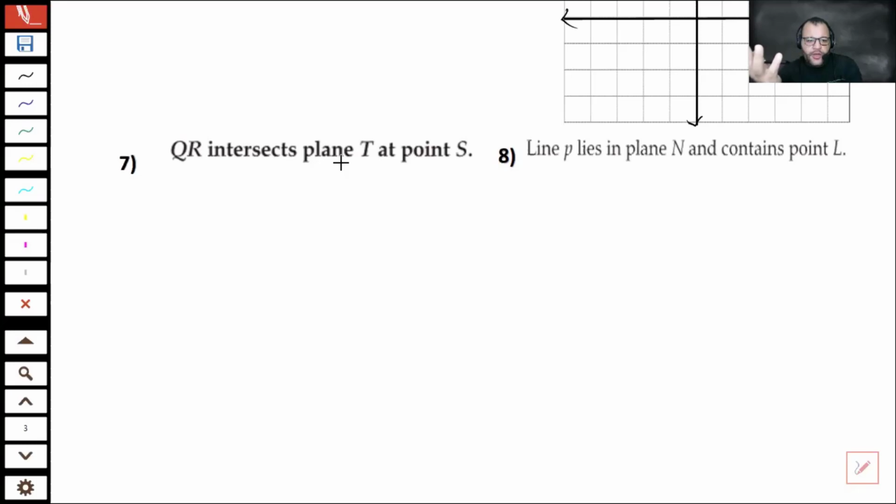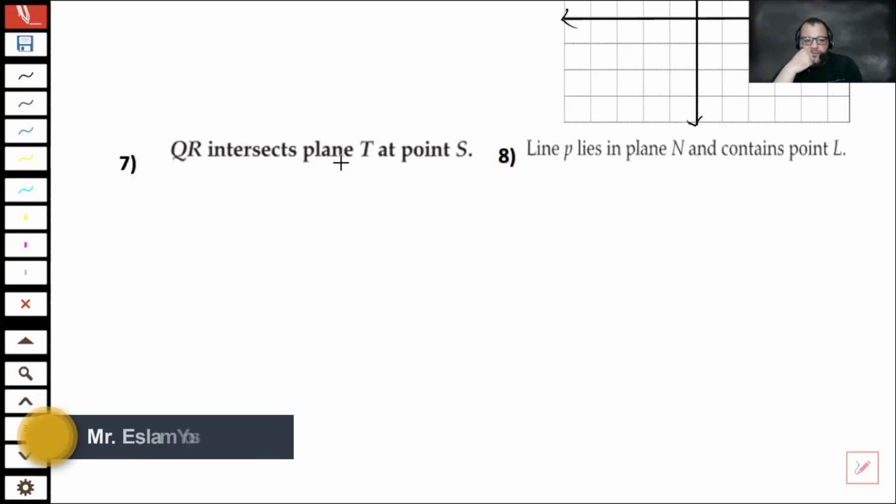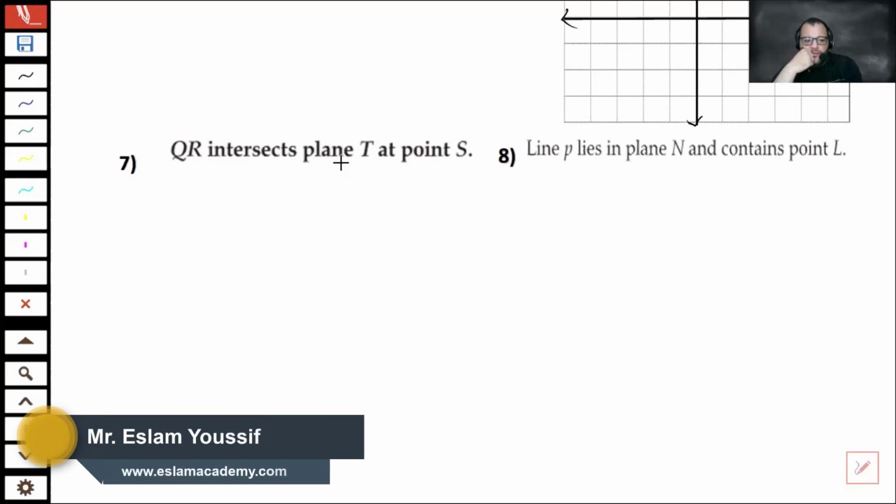I ask you, how can I draw this one? How does the pen intersect the plane at only one point? At first you need to draw the plane, and then line QR will intersect it. How will I draw it? Wait, miss, let me think.